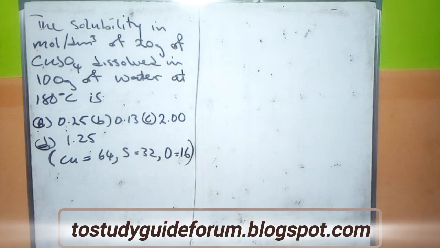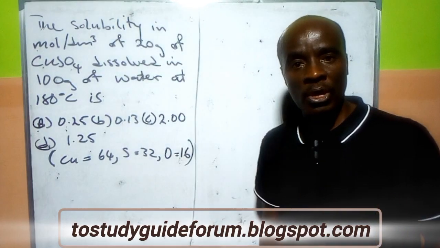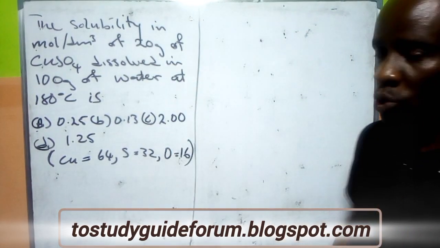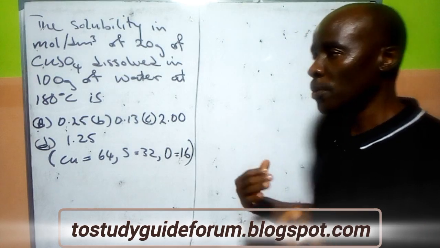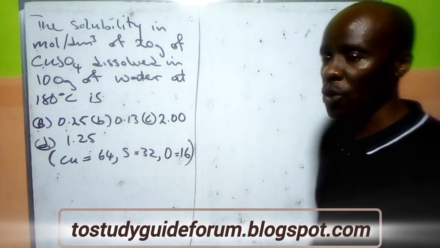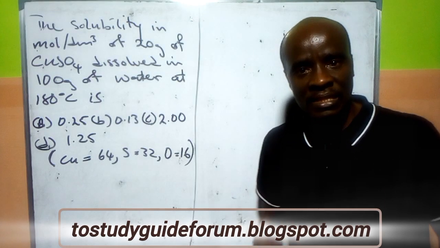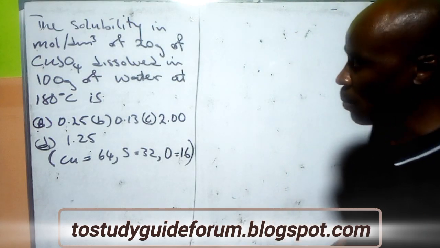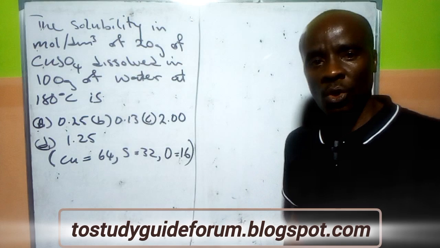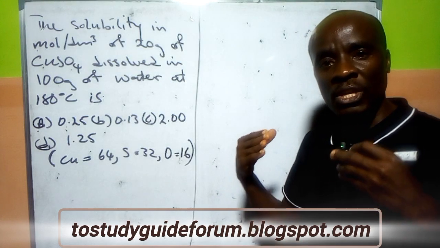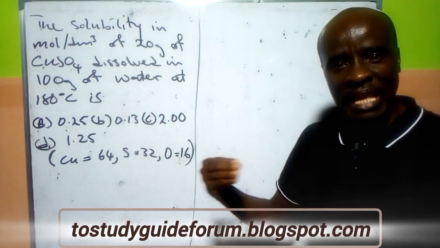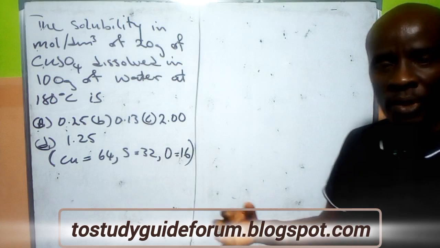So what is solubility? Today we'll be looking at calculations that involve solubility. When we talk about the solubility of any solute, a substance that can dissolve in water, for example, at a particular temperature, what do we mean?